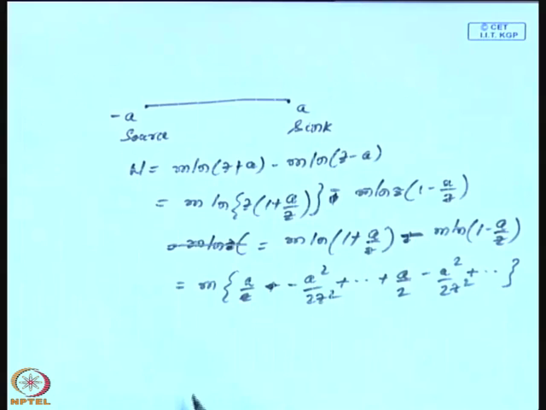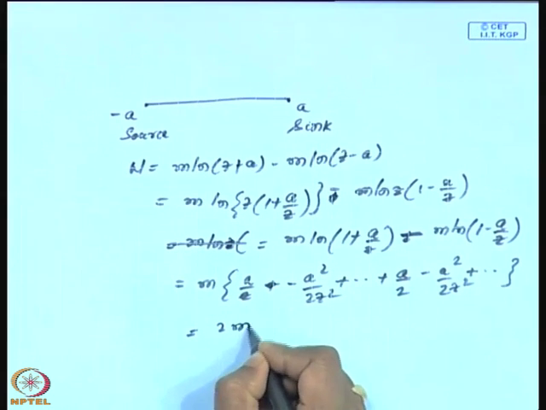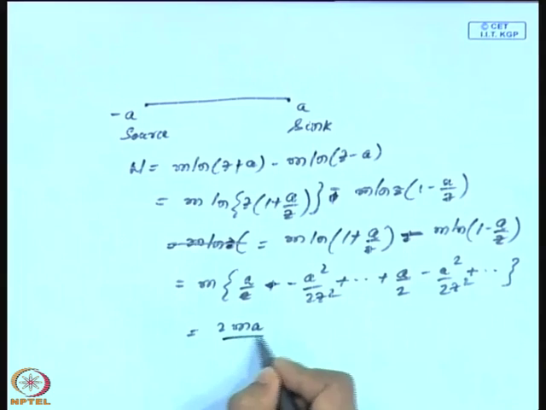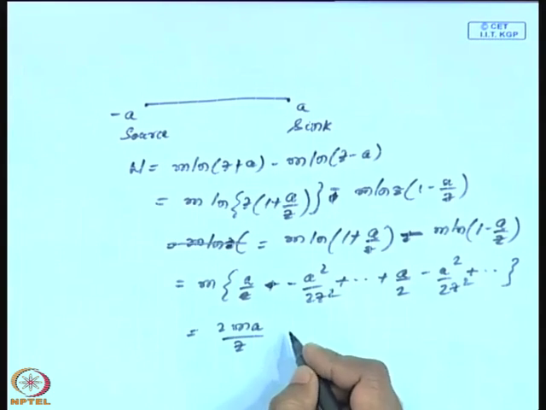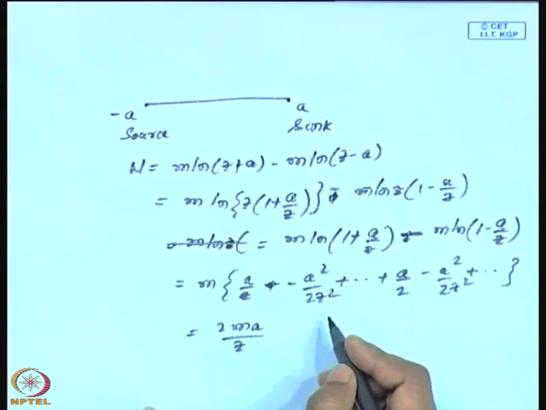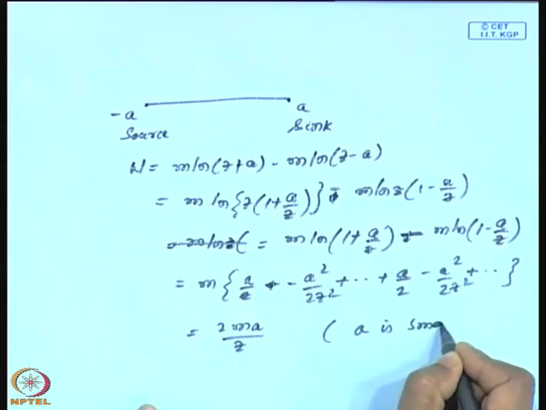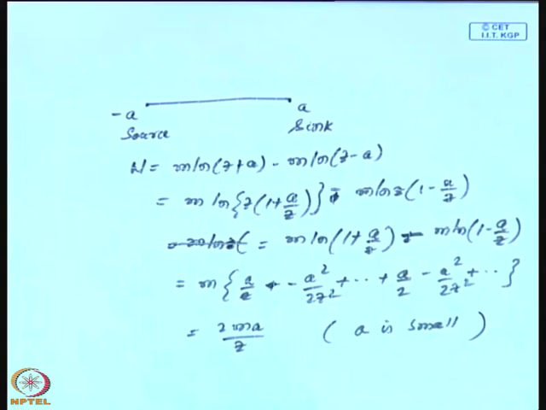This I am expanding in a Taylor series, and that will give me 2 m A by z plus the higher terms, because I am assuming my A is small.